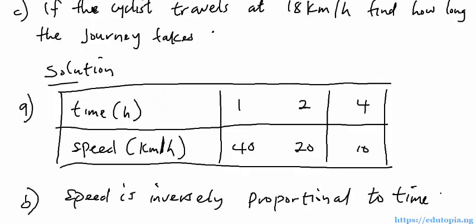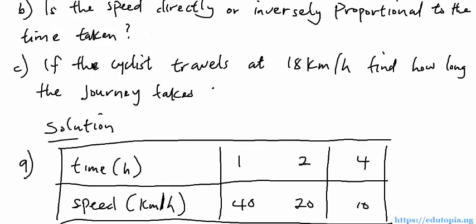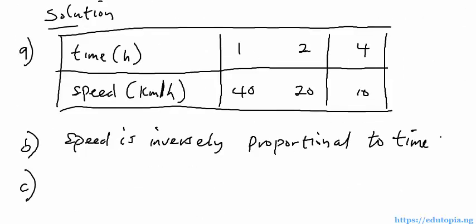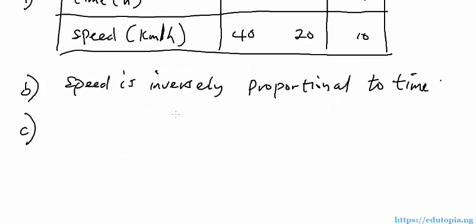So now let's look at the third question. We are told that if the cyclist travels at 18 km per hour, find how long the journey takes. So we are asked to find the time given that the cyclist travels at 18 km per hour. So let's solve it. We're looking for the time, since we've been given the speed.